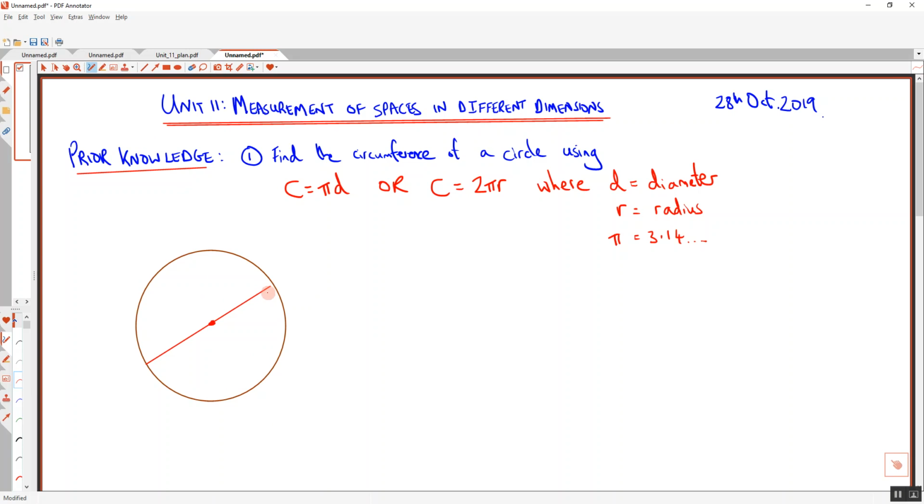All right, so this is our diameter. It goes the whole way through the circle, cuts the circle in half. This is our, actually let me just do that in a different color. That's our center point.